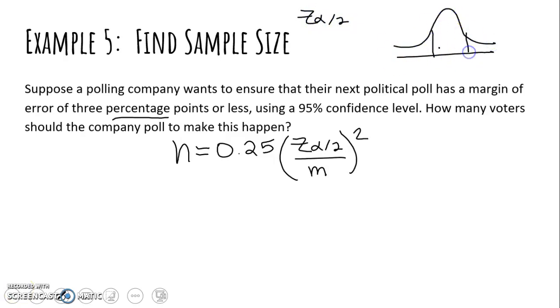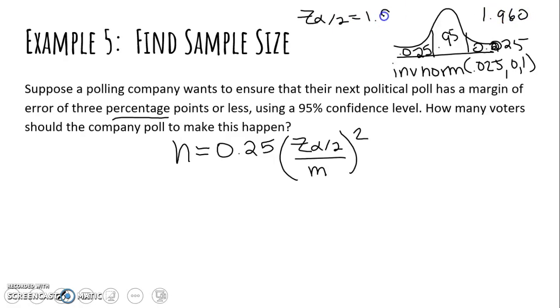So if 95 is in the middle, you have 5% left over, which is 2.5% on both sides, which is 0.025. So you would do invNorm(0.025), and you get 1.960 in the negative, but again we drop the negative.